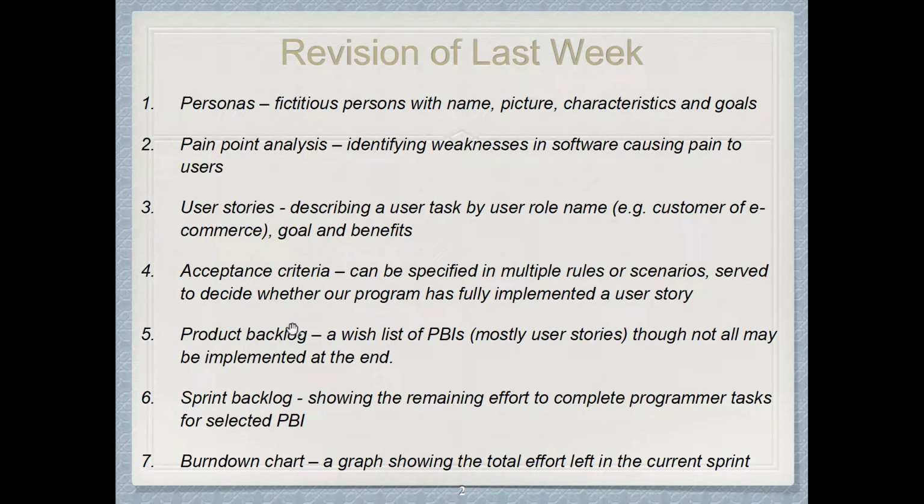So we talked about that last week. We also teach two types of backlogs. The word backlog means something that is outstanding, something that you need to do but you haven't done.